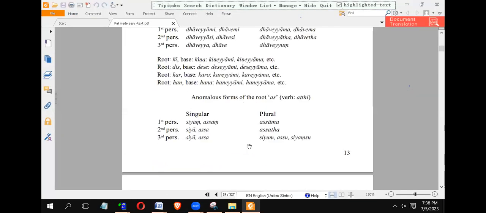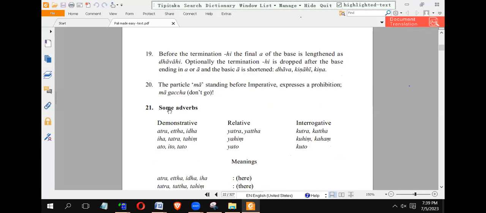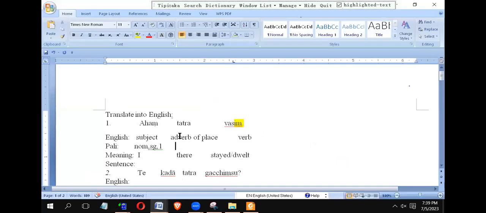You have to see the previous lesson. Demonstrative adverb, because it demonstrates the place. So you just put the demonstrative adverb. And then vasim is Pāļi, or you just write Aorist, or if you like, you can just write past tense, first person singular. Then the meaning is I stay, dwell there. All right, this sentence is very easy.